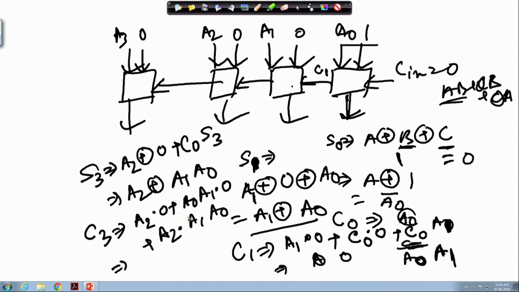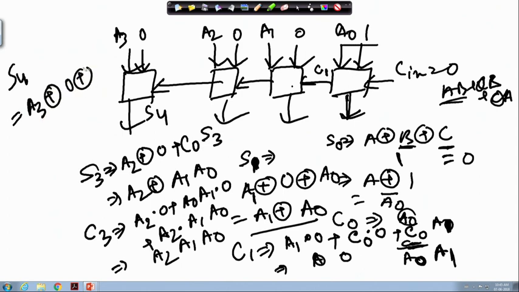So, C3 value is A2 A1 A0, correct. Now if I want to find out the S3 value, it will be A3 XOR with 0 XOR with C3, that means along with A2 A1 A0. So, this will be A3 XOR A2 A1 A0.